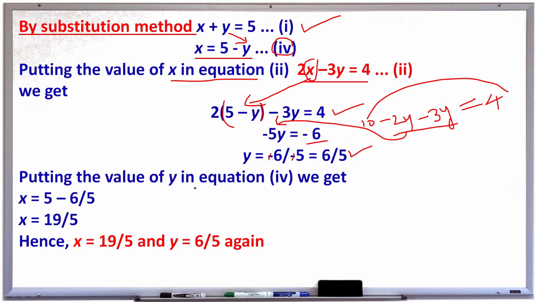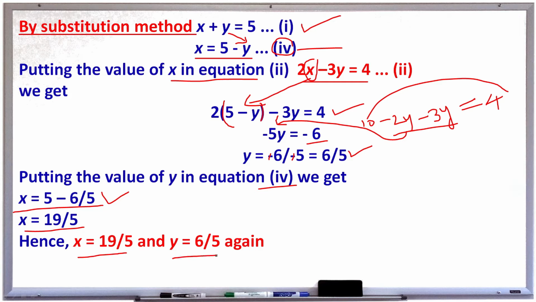Putting the value of y in equation number 4, x is equal to 5 minus 6 by 5. By taking LCM you will get x is equal to 19 by 5. So we got x is equal to 19 by 5, y is equal to 6 by 5.